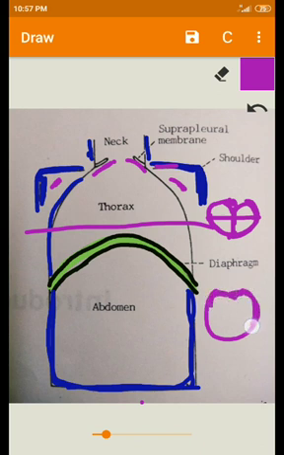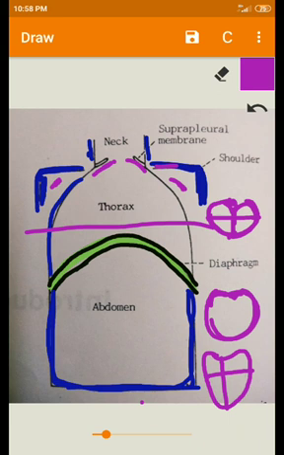Whereas in quadrupeds, that means four-legged animals, the AP diameter, the antero-posterior diameter, is greater than the transverse diameter.